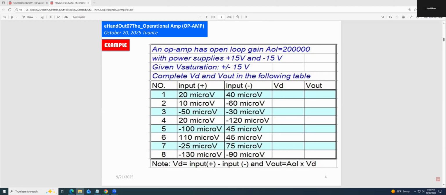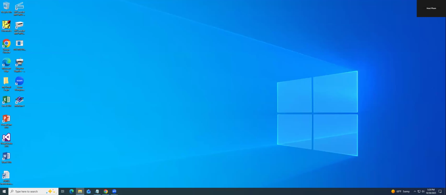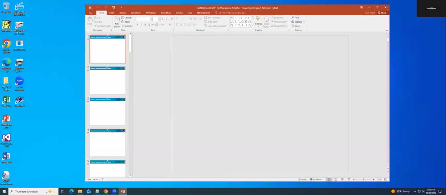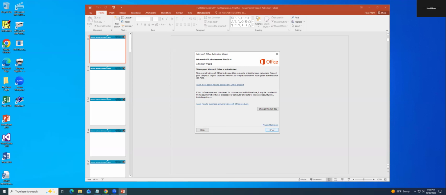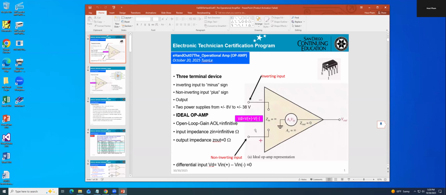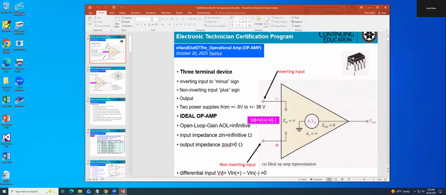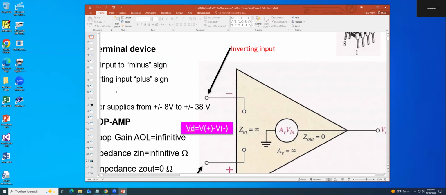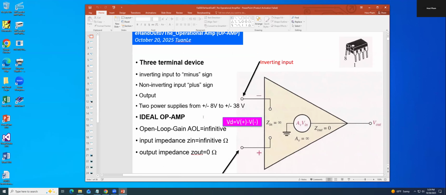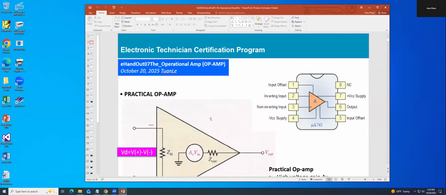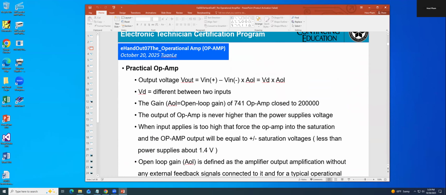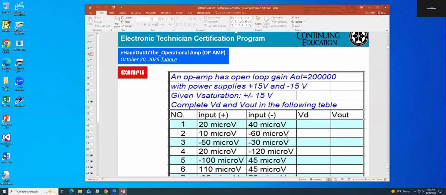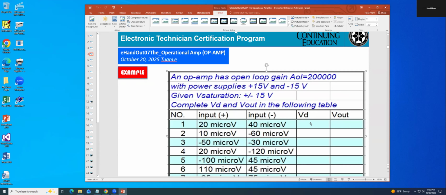I want to be using this one. So that one we can write down. Okay, so what's the value here?